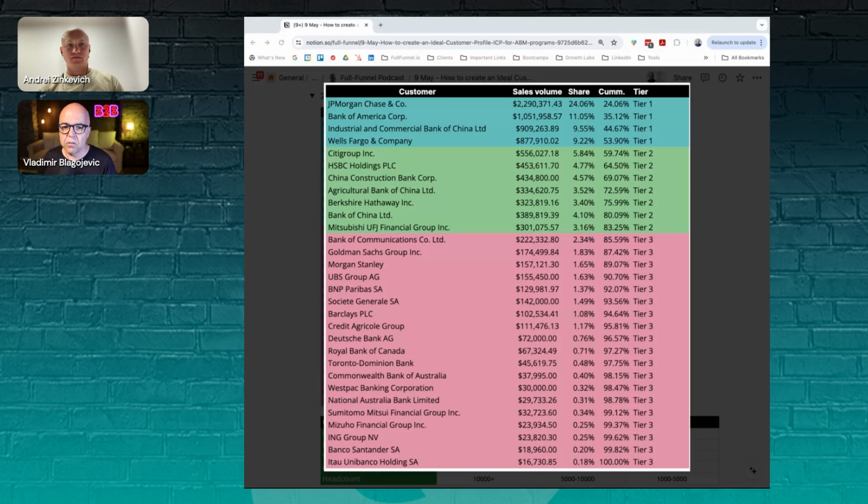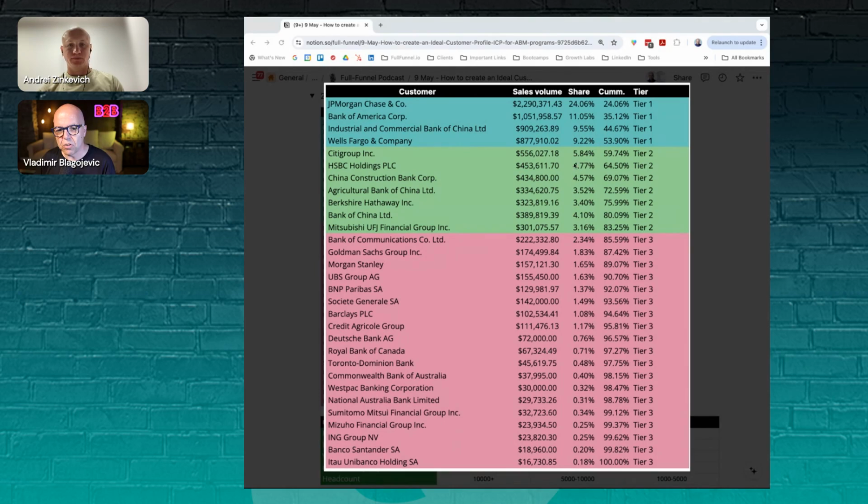Another way to look at it is to look at the revenue being generated by those accounts and see where it drops, right? In this case, there is not a significant drop, but let's say there is definitely a drop between something that is almost 10% or above, and then you have below almost 10% in this case, right?